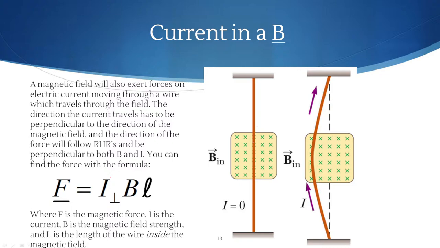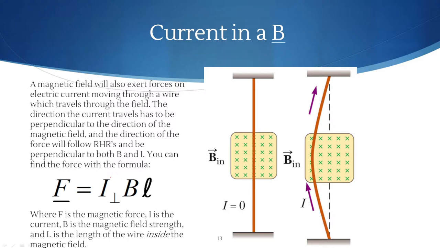Notice, if you were to send current through this wire, then all of a sudden you have electrons moving through the wire. Charged particles moving through the wire, and that means that charged particles would be moving with some velocity through the magnetic field.